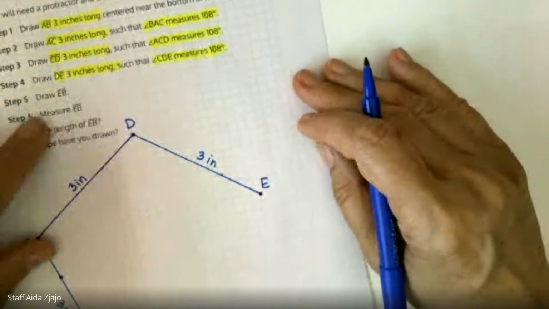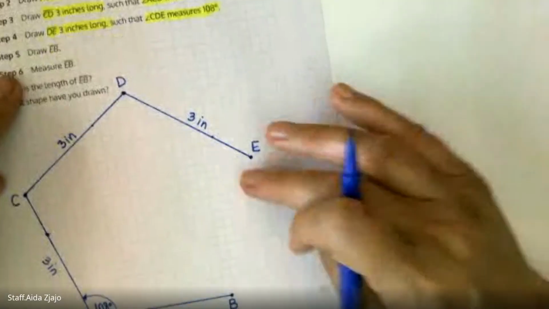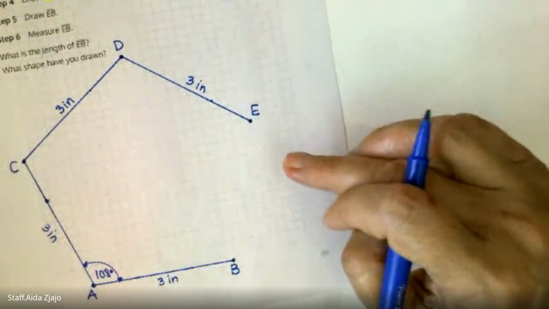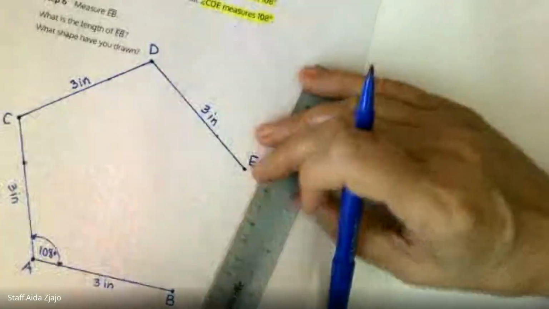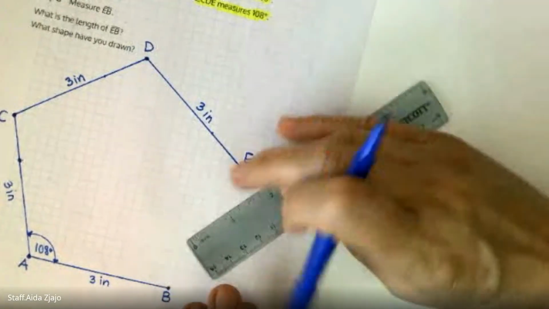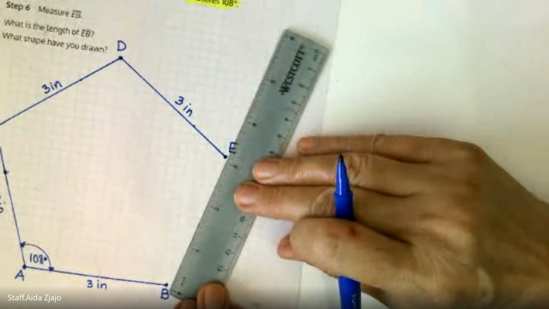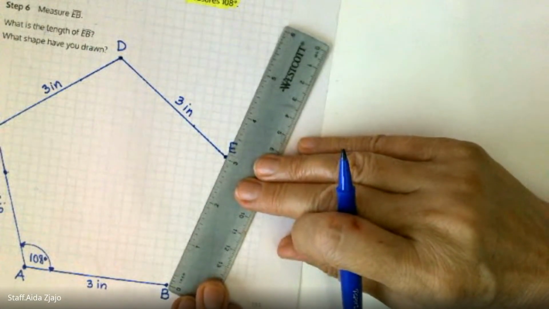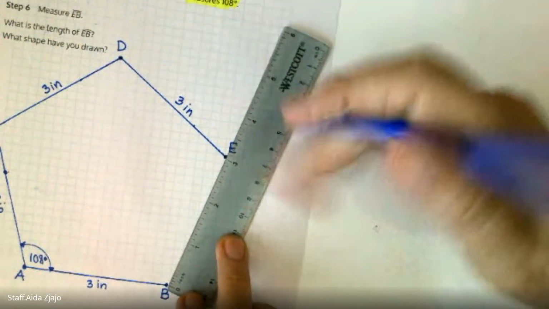Okay. So now do EB. When I connect EB, you can see that EB is 3 inches.